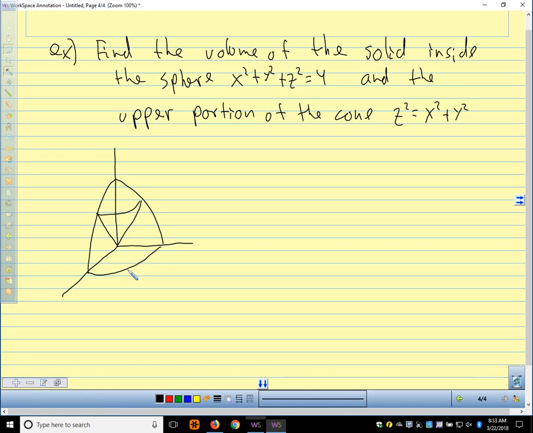We want the volume of the ice cream cone, because if I cut all this other stuff away, I'd have something that looks like this. We're trying to find that volume. So we're finding the volume of the ice cream cone.